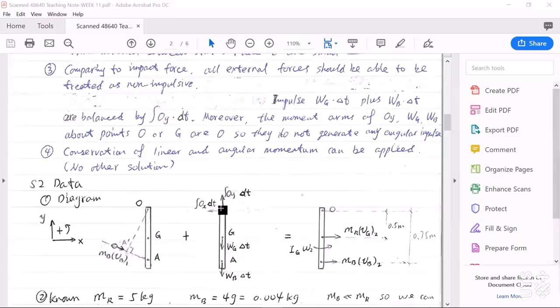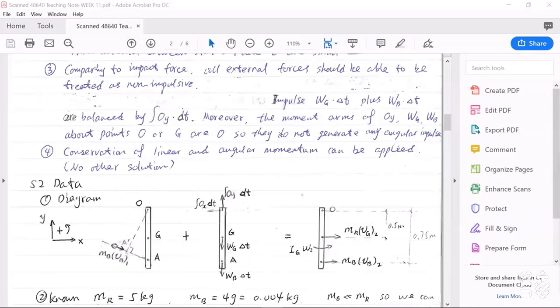About point O, the moment arms of OX, OY, WG, and WB are all 0. So this means they don't generate any angular impulse. When I express the impulse generated by WG and WB, I use their magnitude times delta T directly because WG and WB are constants.